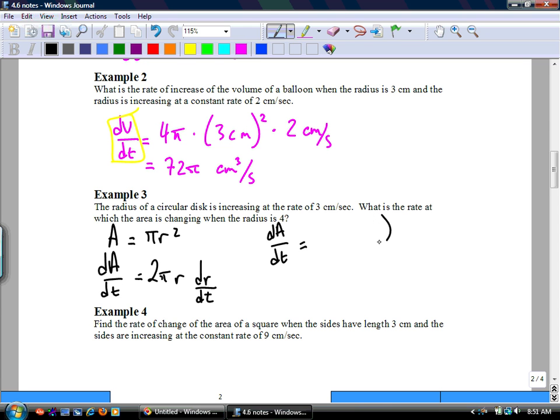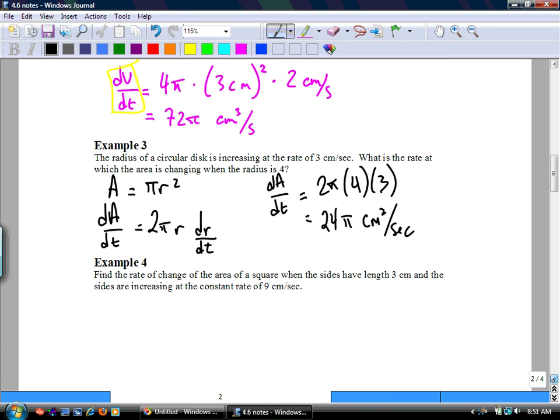Holy, that's brutal handwriting. 2 times 4 times 3 is 24, so 24 pi centimeters squared per second. You get the idea?